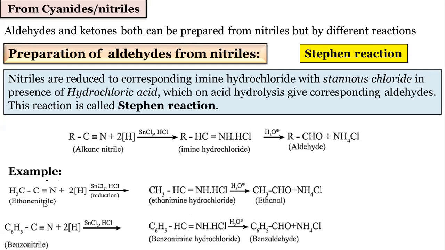By using alkyl halides with AgCN, we can prepare cyanides also. And you know the reactions of how alkyl halides are prepared, which we learned in halogen derivatives. From alkanes we can prepare alkyl halides, from alkyl halides you can prepare nitriles, from nitriles you can prepare aldehydes. So all these reactions depend upon one another.